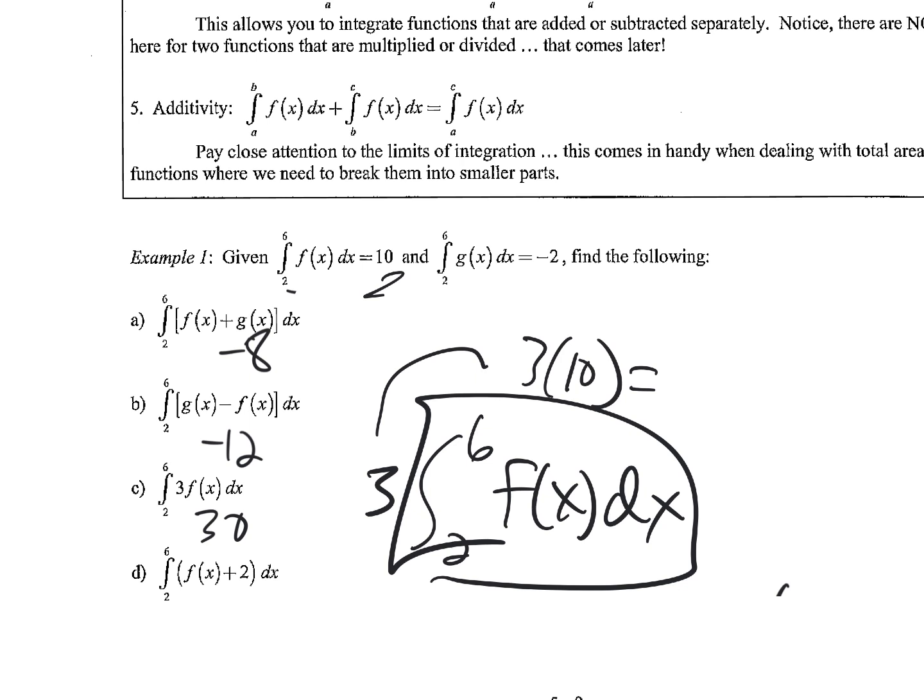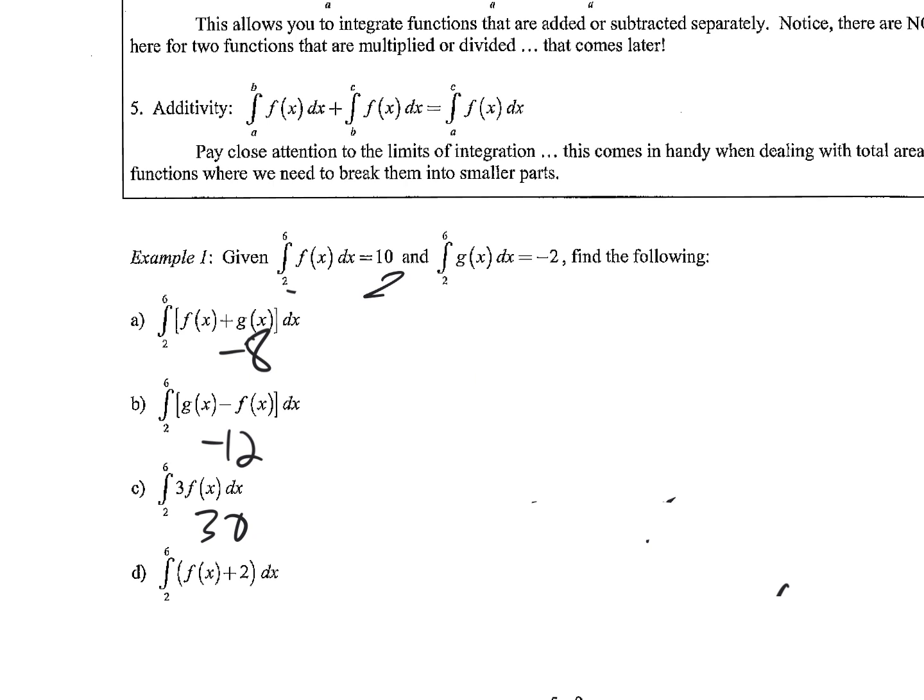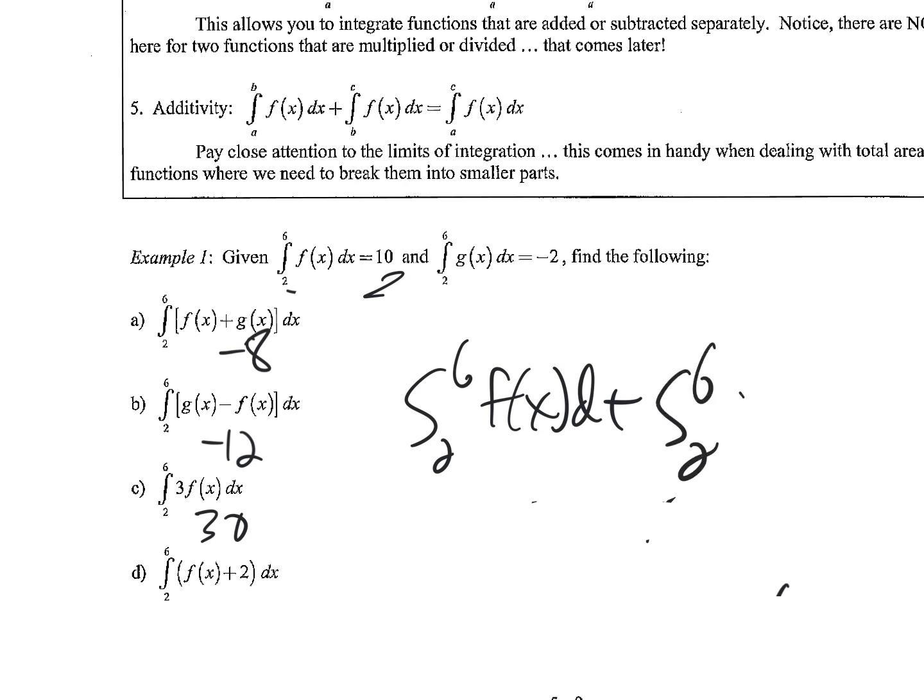Now we get down to where we need to do a little bit of thinking. Here, we've got the integral from 2 to 6 of f of x dx plus the integral from 2 to 6 of 2 dx. Well, this is 10. But this is some other function, not f of x or g of x.